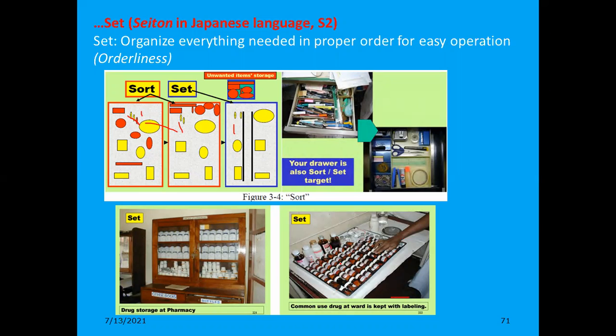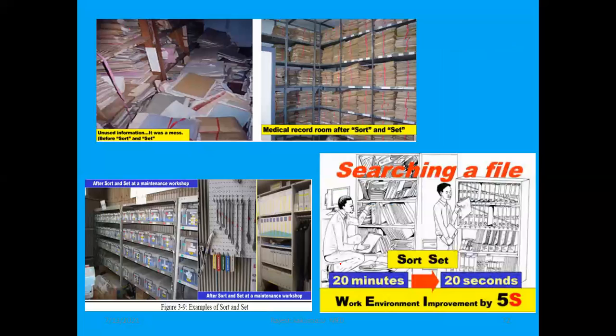See other examples, filing: improper filing and proper filing. How neat and simple the proper filing is. Medical records, how they are stored. Now see the stationery, how the pens, screwdrivers and washers are arranged.